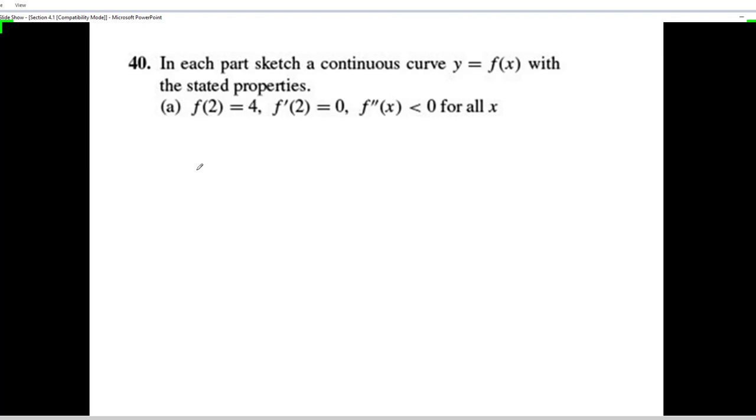So we want to find a curve so that f of 2 is 4, f prime of 2 is 0, and f double prime of x is less than 0 for all x.